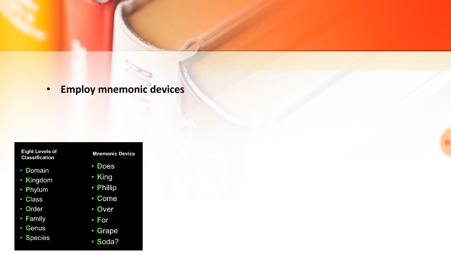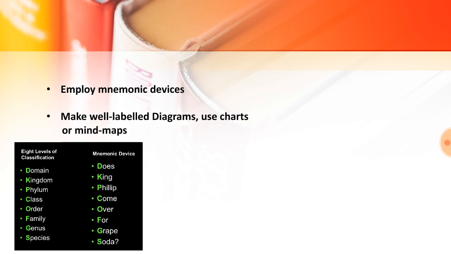If you try to memorize these 8 levels, domain, kingdom, phylum, etc., you won't be able to memorize it. But if you make a sentence like "Dear King Philip Come Over For Grape Soda", if you memorize this sentence, you would be able to write the 8 levels of classification without really memorizing the 8 levels of classification, right?